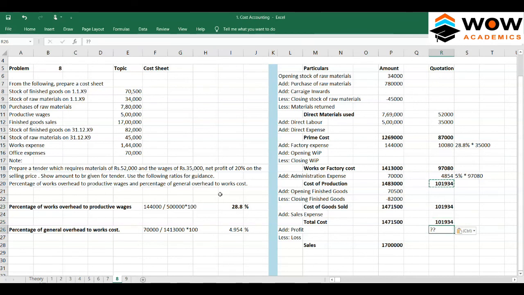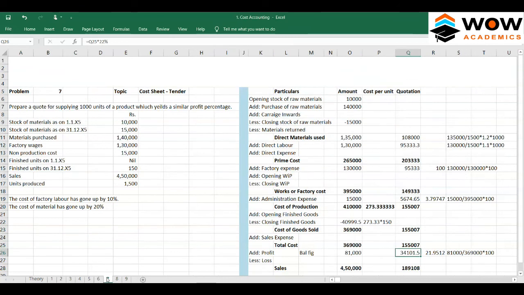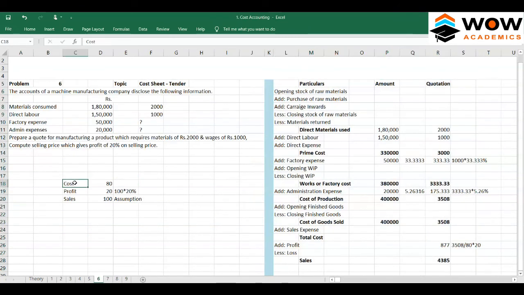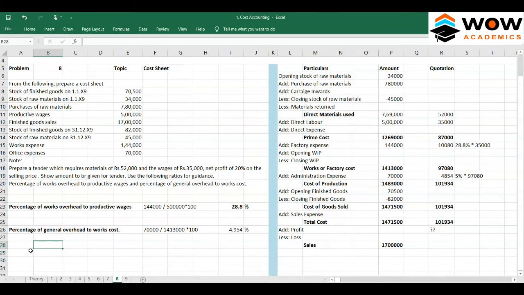Okay, so profit percentage, he is telling 20% on selling price. Okay, so again we have already worked out this sum earlier here. I think it is very similar to this. I think it's not similar, it is same. So we don't need to do it again. So the logic is this: assume sales to be 100, profit on sales is 20%. So this is going to be 20 and cost is 80.